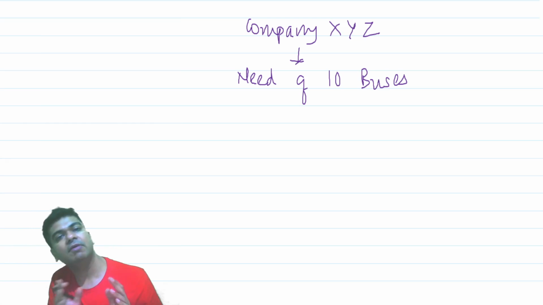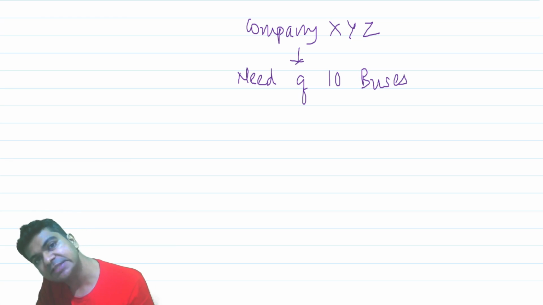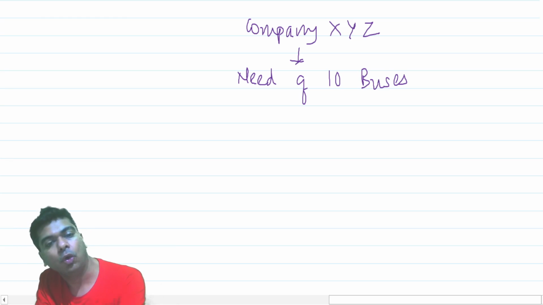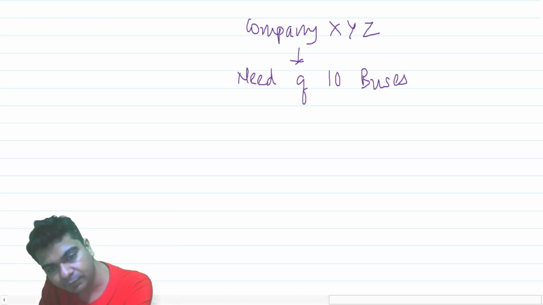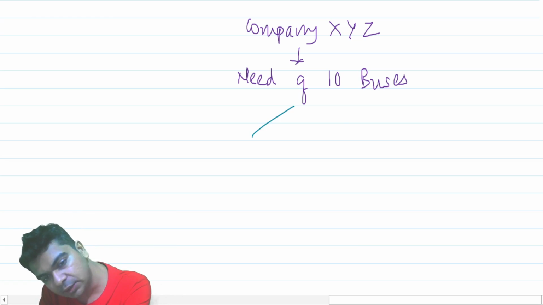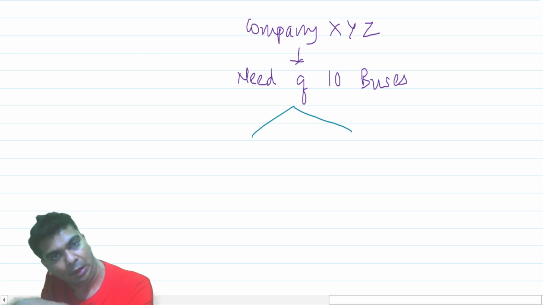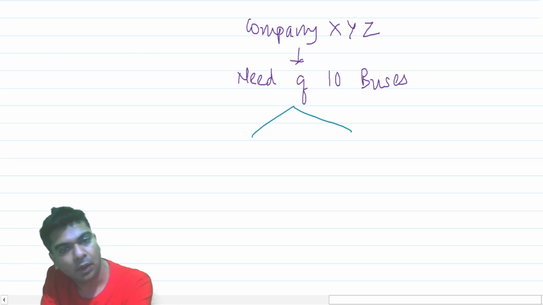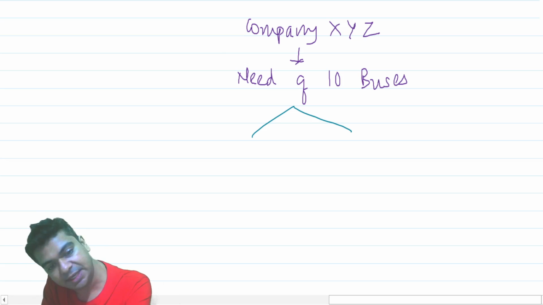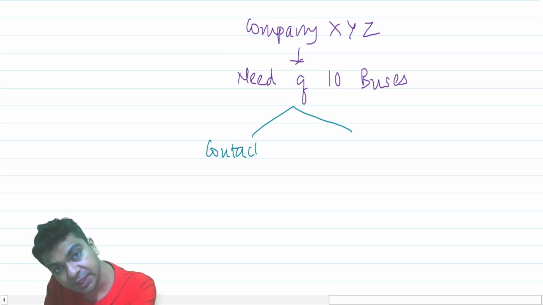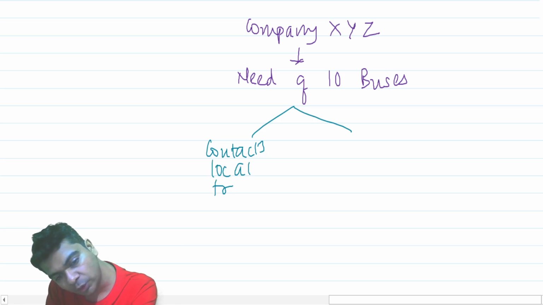Let's assume that they will enter into a finance lease. So 10 buses are required. Now, what are the possibilities for company XYZ? Think in this way: it contacts a local transport company.